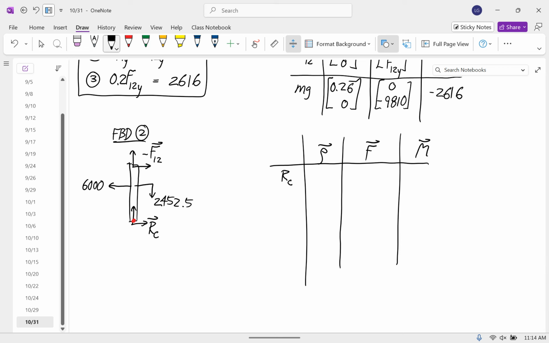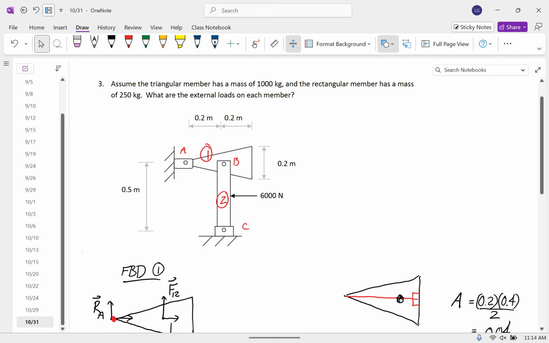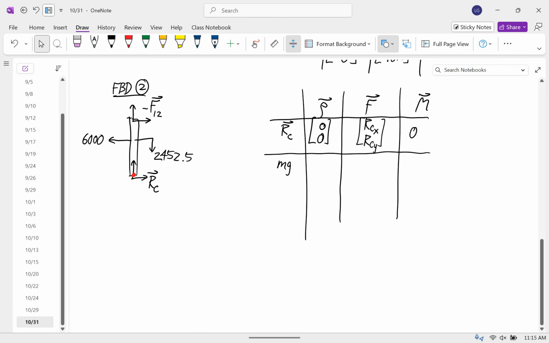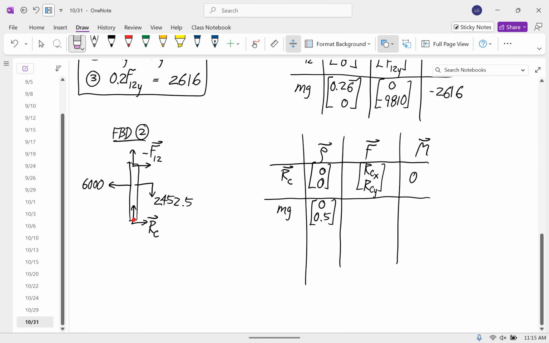Okay, RC, rho vector is 0. Force is RCX, RCY. Cross product is 0. Then there's the weight. This thing has a height of 0.5. Oh, sorry, the whole thing is 0.5, so this is at the midpoint.